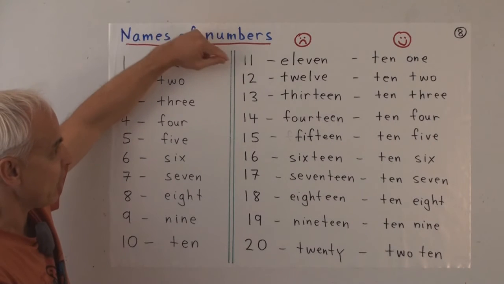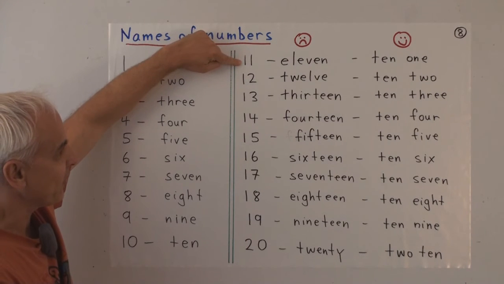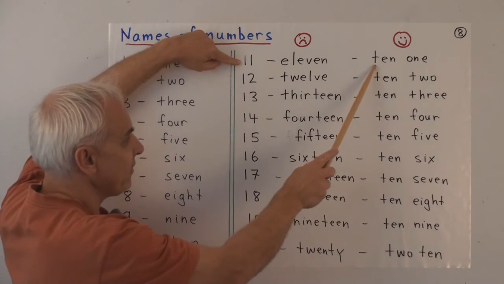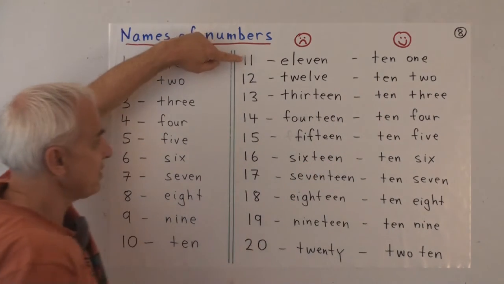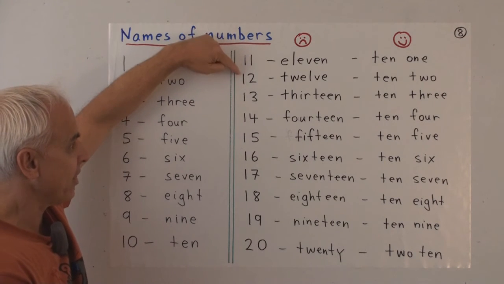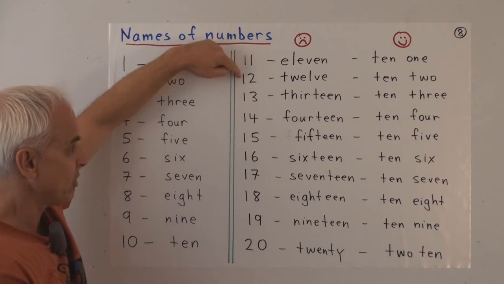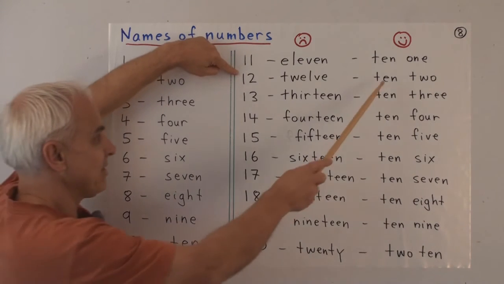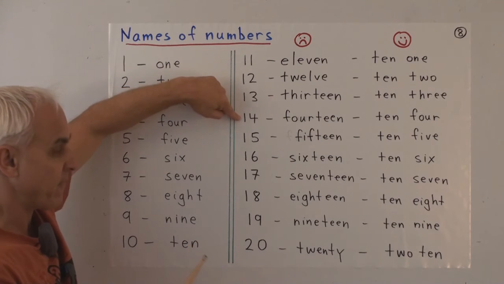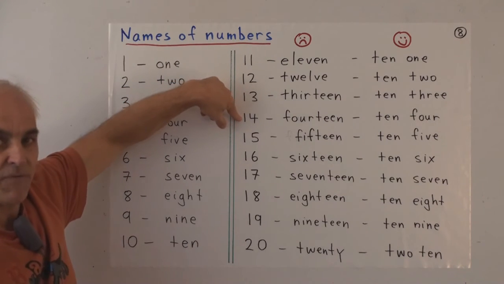So logically, looking at this, it is 1 ten and 1 one, which is encoded very efficiently by the two words 10, 1, reading left to right. Here is 10 and 2, so a good name for this number would be 10, 2. Then here is 10, 3, here is 10, 4, and the pattern is completely obvious.